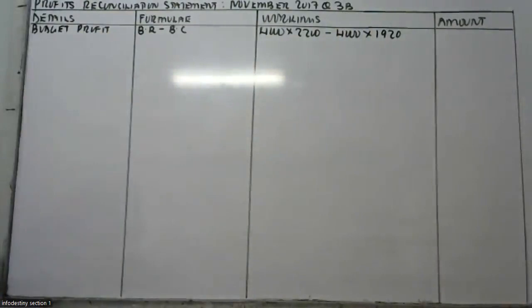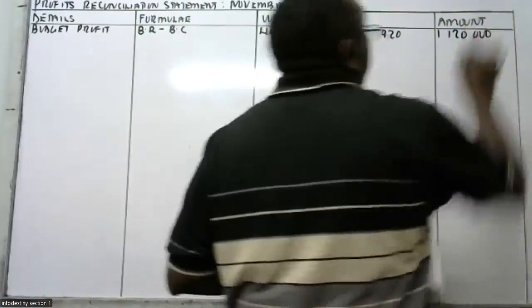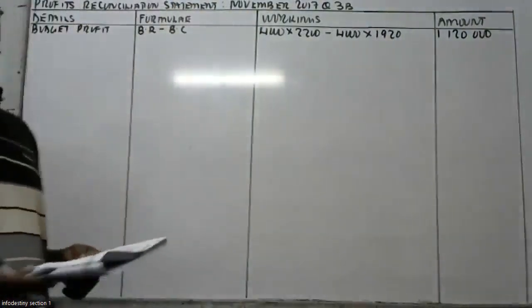So if you work it out that way, that will be 4,000 times 280. It is 1,120,000. That is the budget.